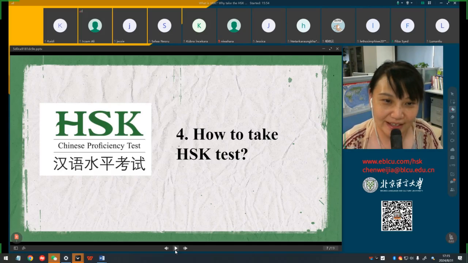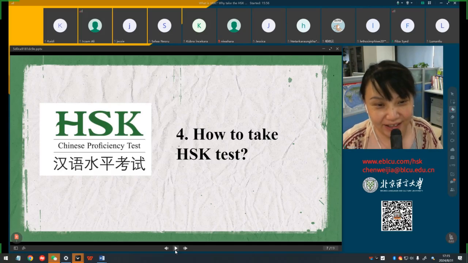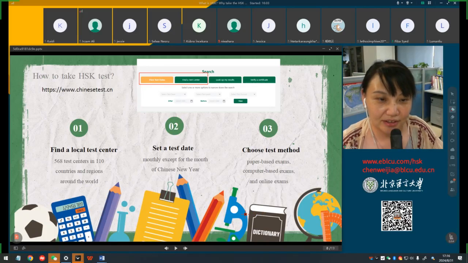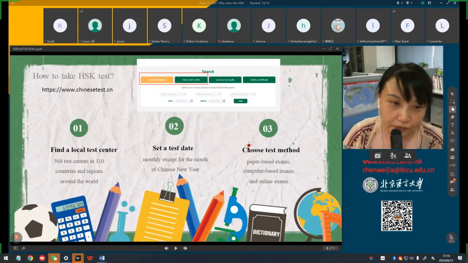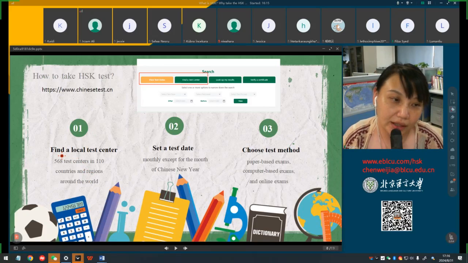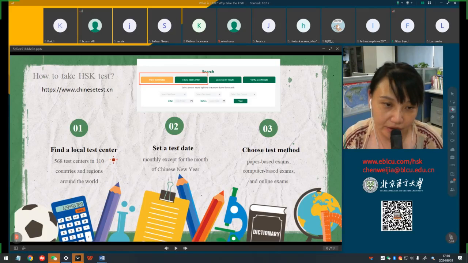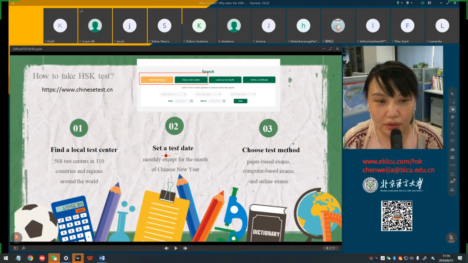Then we come to the next question, how to take the HSK test. I think there are 3 major steps to take the HSK test. So number 1, you need to find a local test center. And number 2, you need to choose a test date.